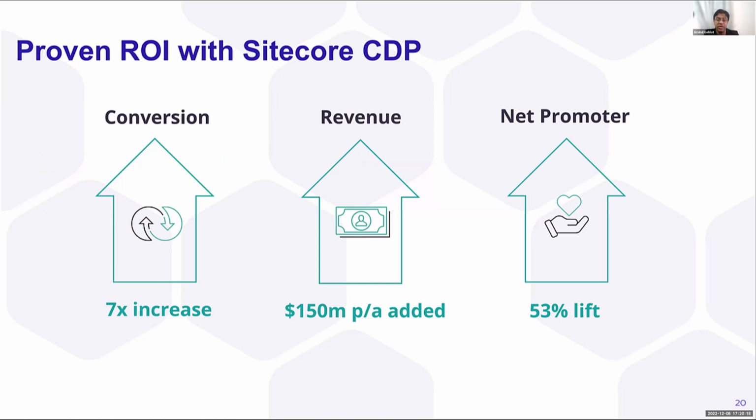And $150 million per annum revenue can be added on top of existing revenue, and a 53% lift in net promoter score. It seems very promising for the business. This is it from today's session.